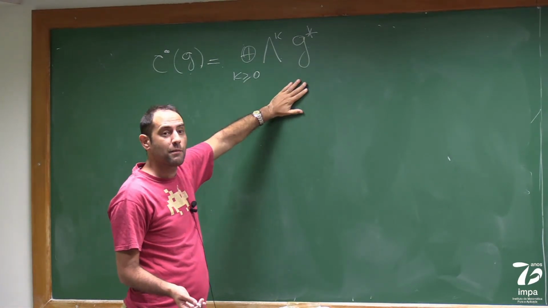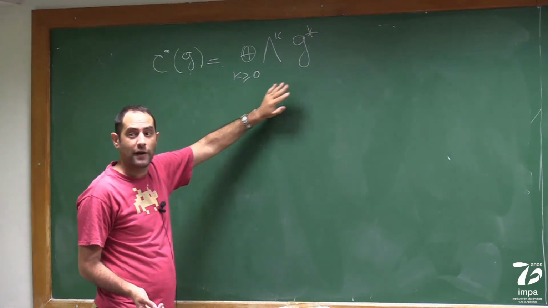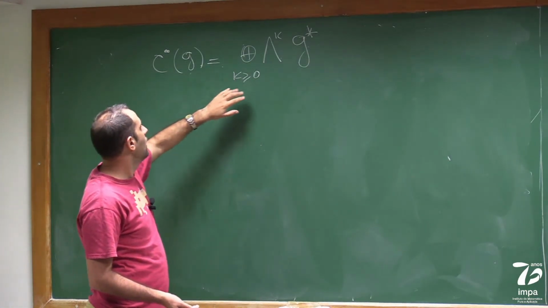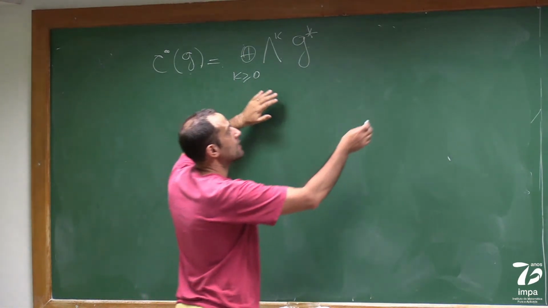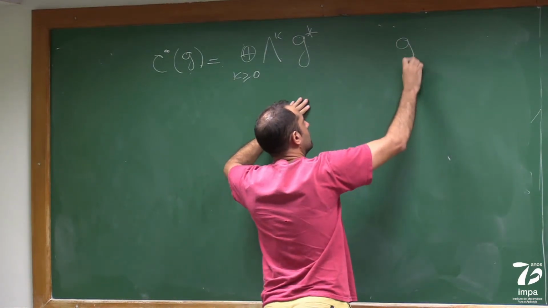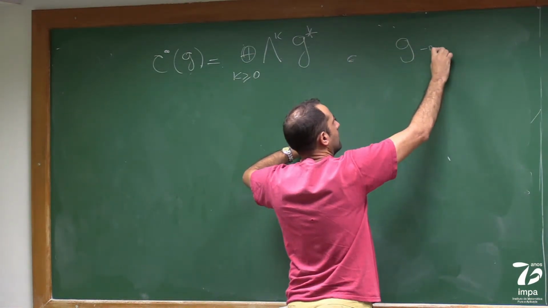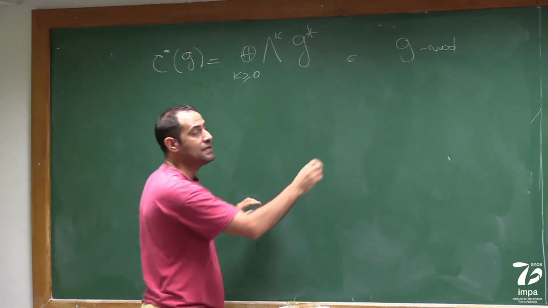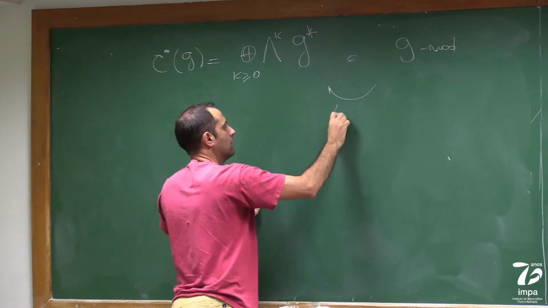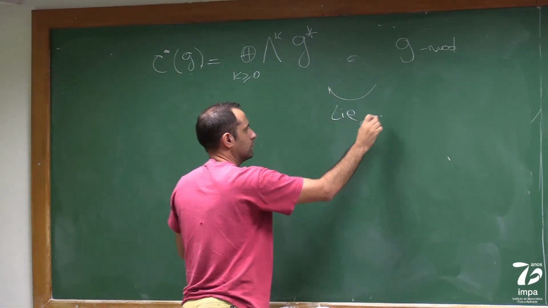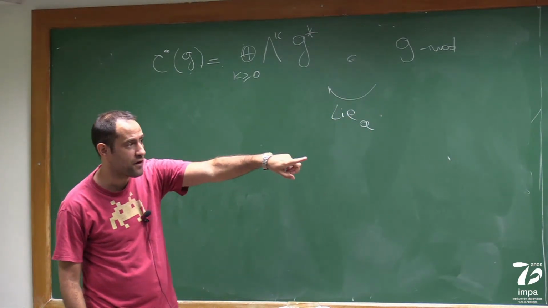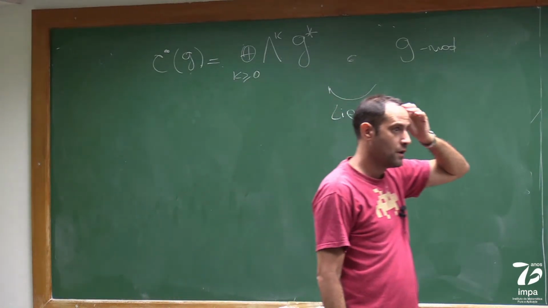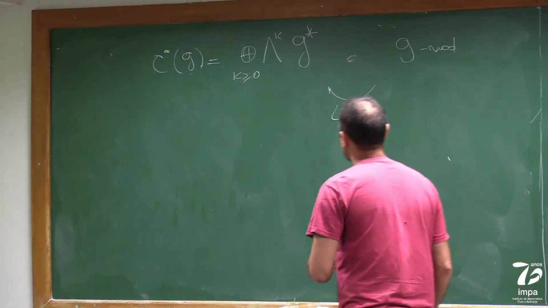So this is a finite dimensional vector space if G is finite dimensional. So this guy here is a G module. In each summand, I act by that Lie derivative, with that very explicit form that I had there. OK. But there's something more.